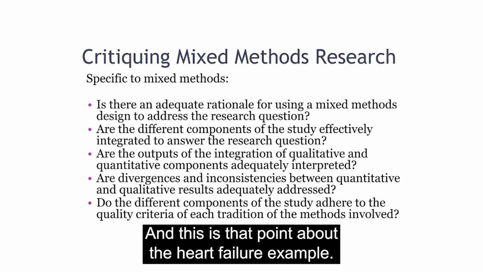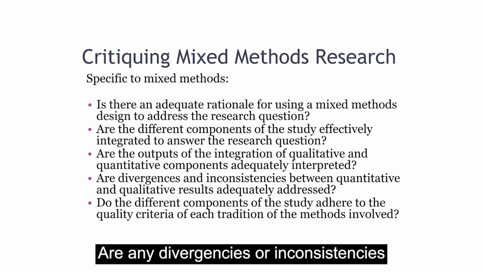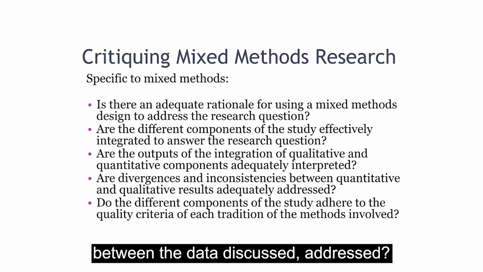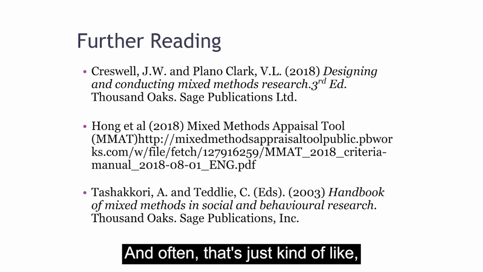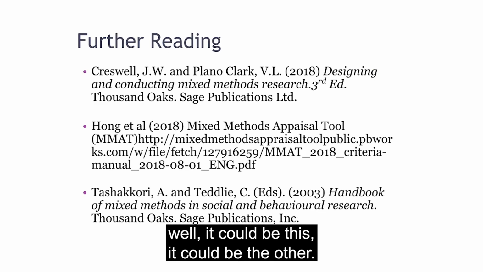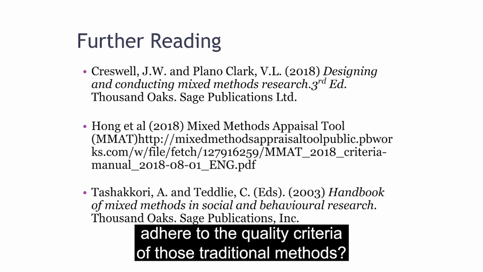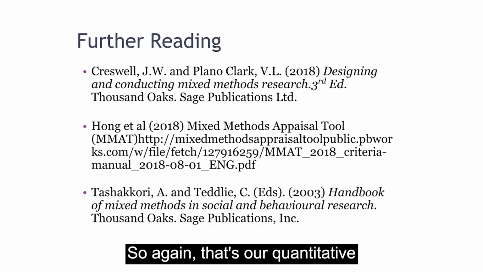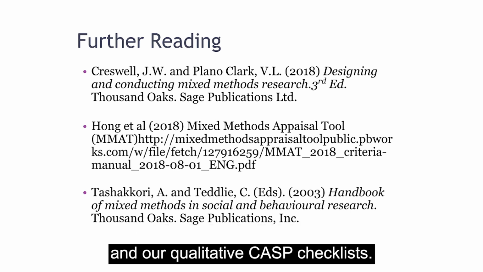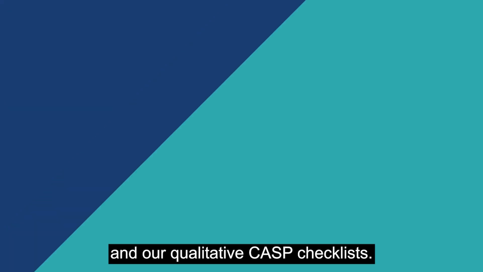And this is that point about the heart failure example: are any divergences or inconsistencies between the data discussed and addressed? Often that's just, well, it could be this, it could be the other. And do the different components of the study adhere to the quality criteria of those traditional methods? So again, that's our quantitative and our qualitative CASP checklists.